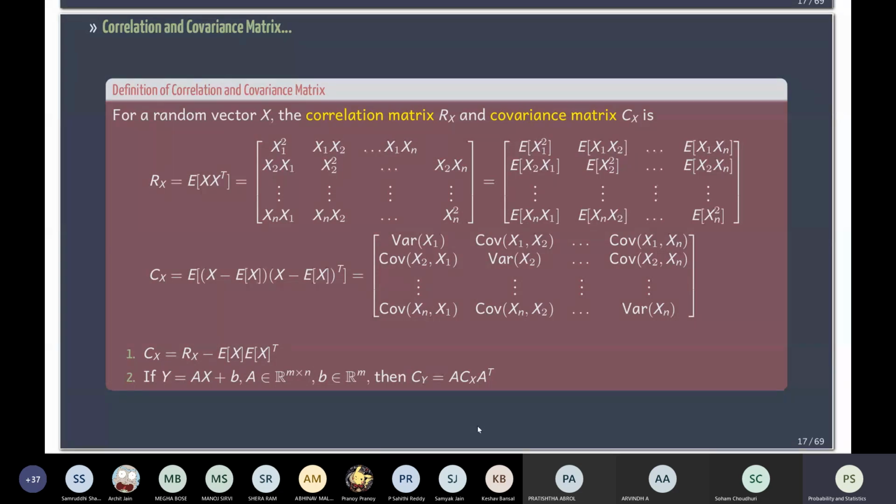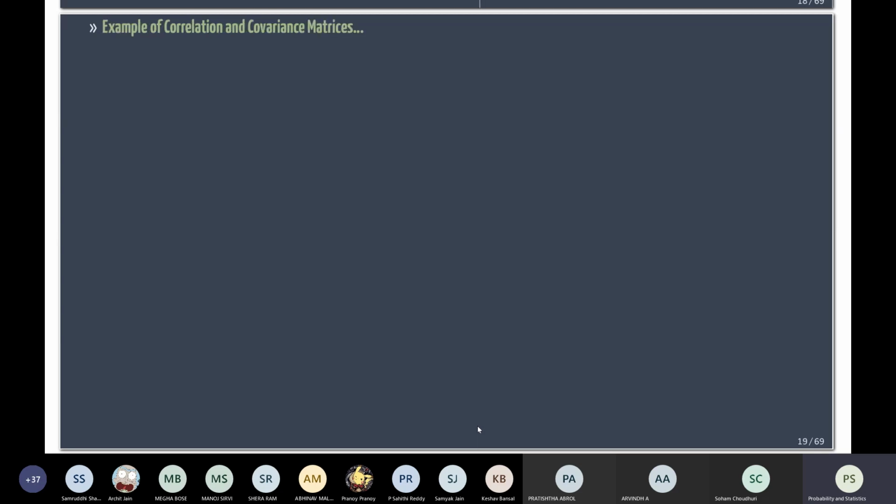You can try to prove these; I don't think I have to do it. It should be easy enough. So let us see an example of correlation and covariance matrices.